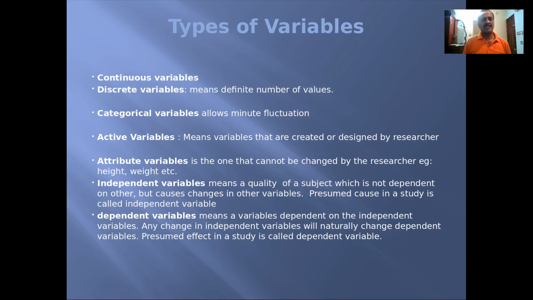The researcher is interested in it, and it is checked in relation to the independent variable. By consciously altering the independent variable, the researcher sees what the effect of this change is on the dependent variable. So these are the variables.